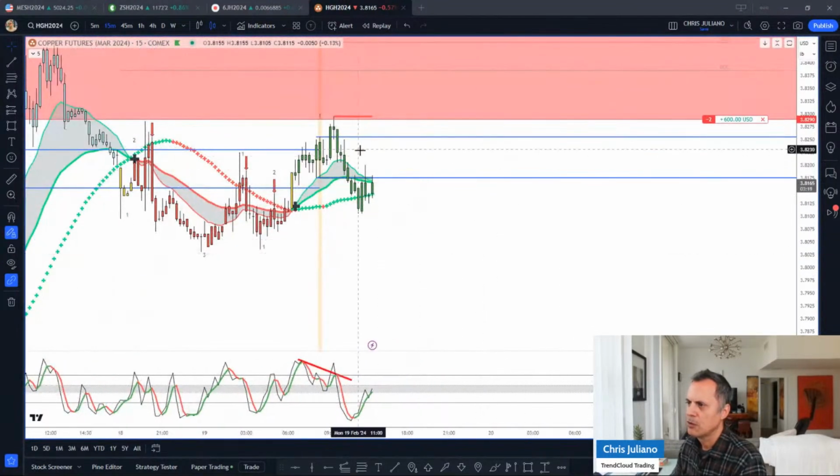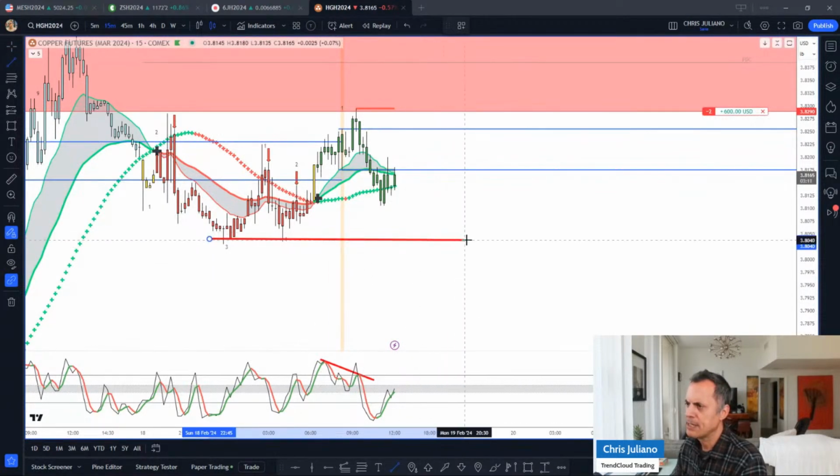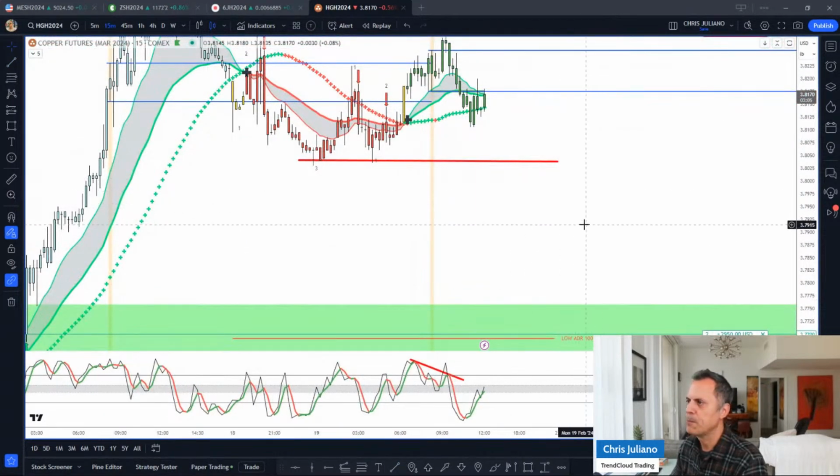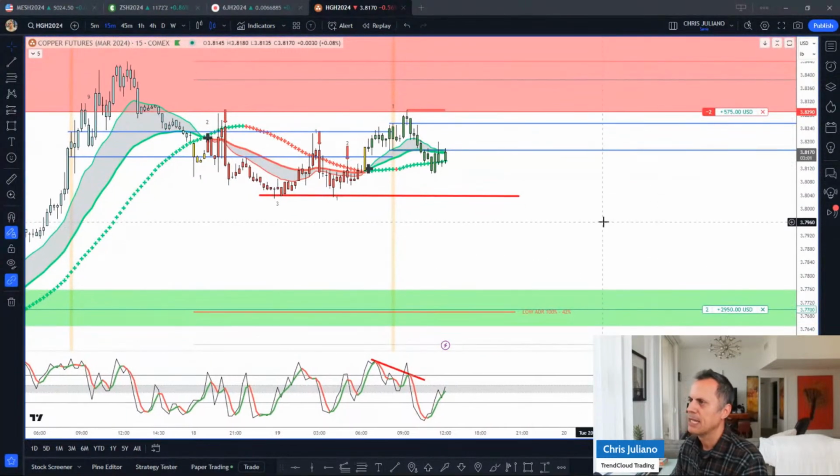And we're going to wait for a break of structure right here. And then we know that we're really going to have a big winner. Okay, so the big move that we want to see take place is from supply zone all the way back down to demand zone.